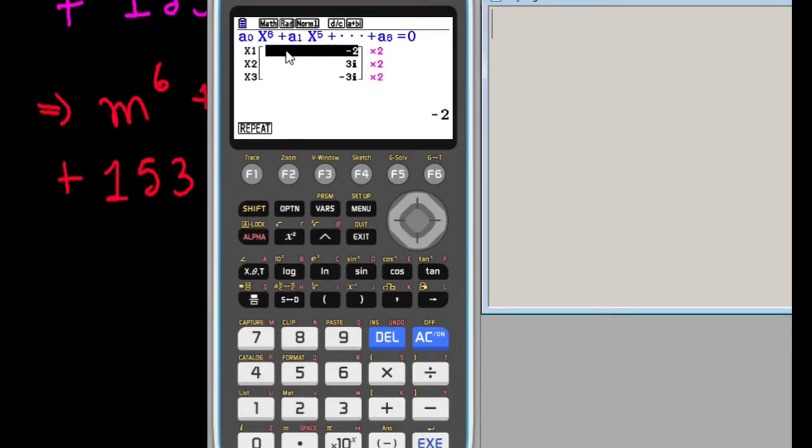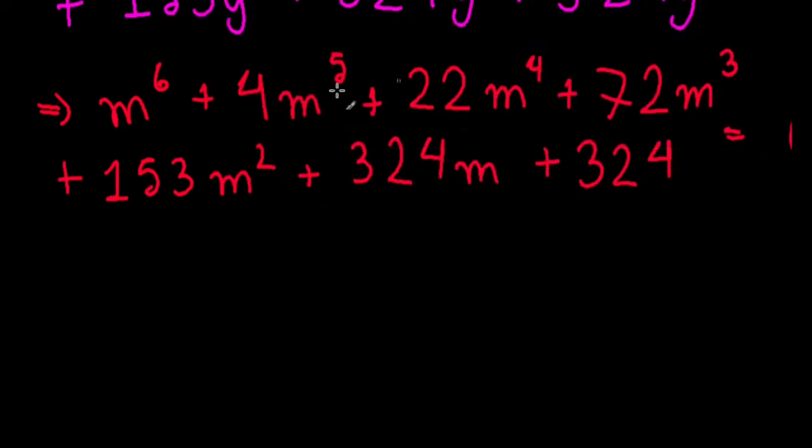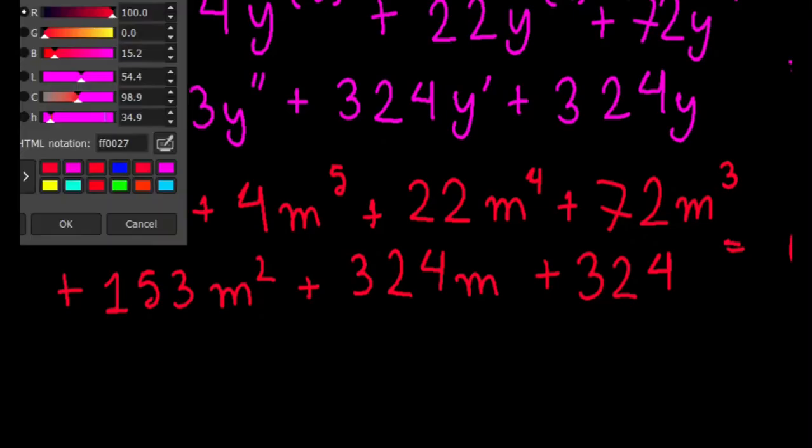All right, so the roots are, these numbers on the right side are the multiplicities, or how many times the roots are repeated. So negative 2, that's repeated 2 times. 3i, that's also repeated 2 times. And naturally the conjugate of that, negative 3i, is also repeated 2 times. So I'll write those down in a different color.